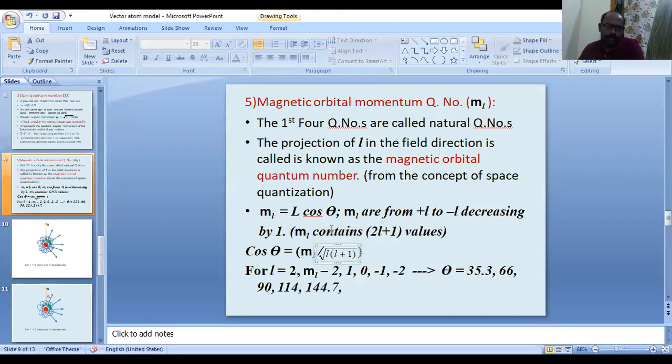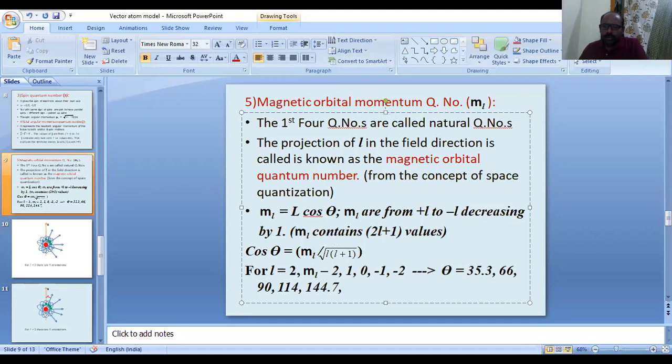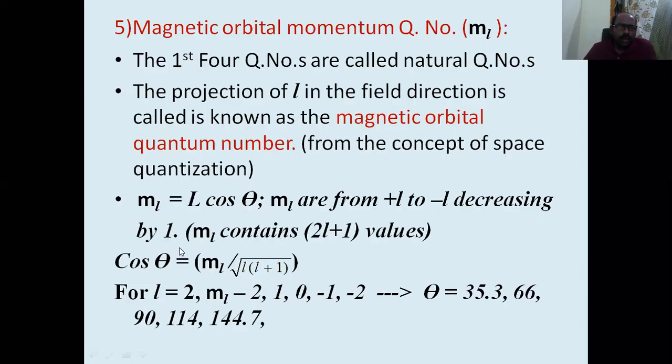From this equation, cos theta is equal to ML by the magnitude of L. The magnitude of L is root of L into L plus 1, and there is some h bar also, but it cancels. So cos theta is equal to ML by under root L into L plus 1.